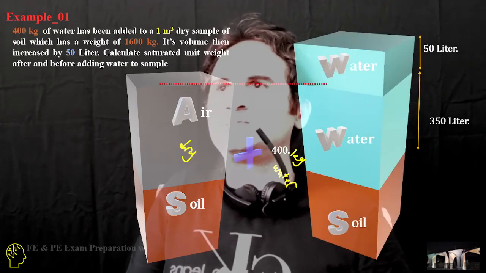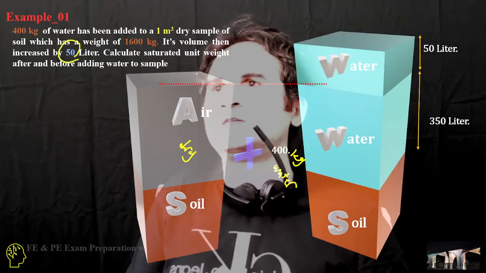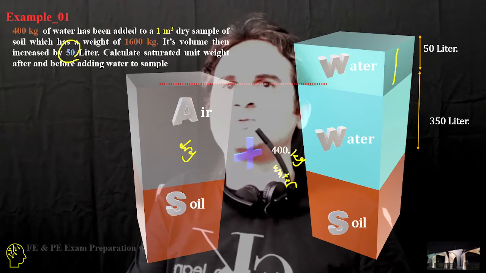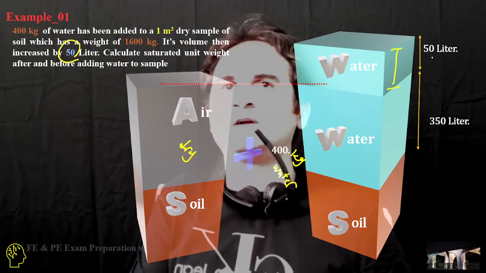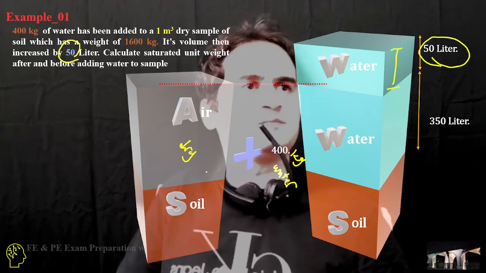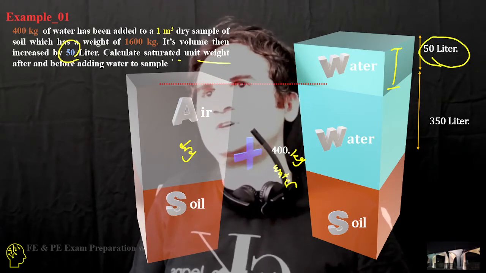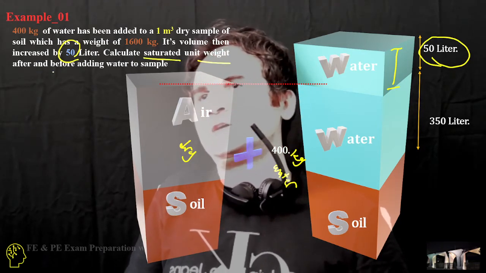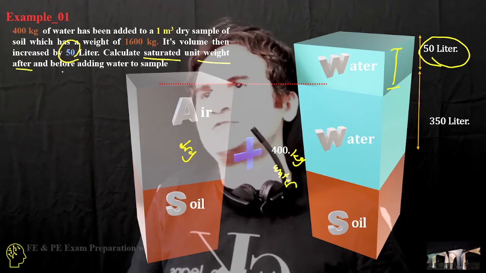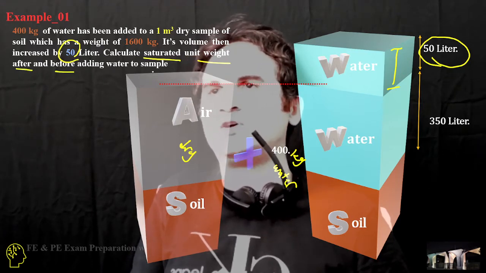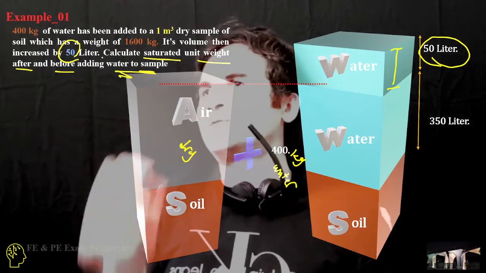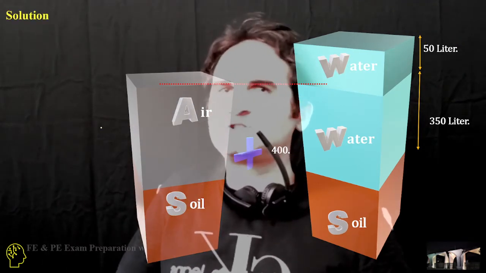Its volume just increases by 50 liters. We want to calculate the saturated unit weight of our sample, both after and before adding water to the sample. So let's see how we can approach this problem.